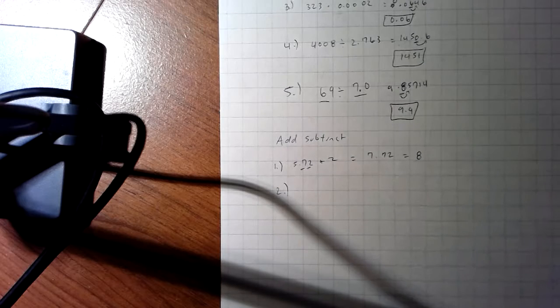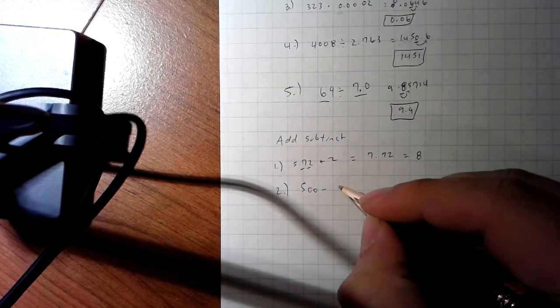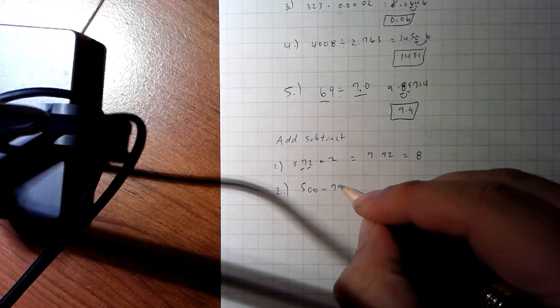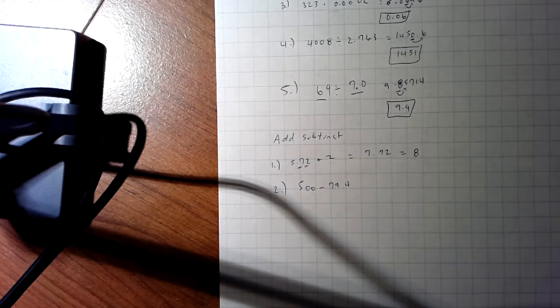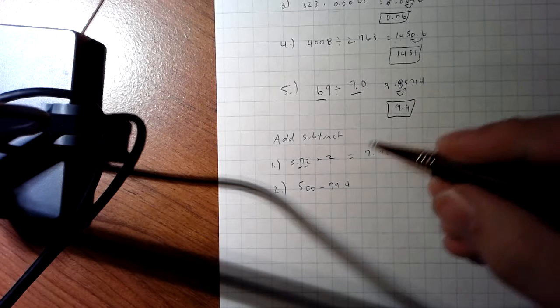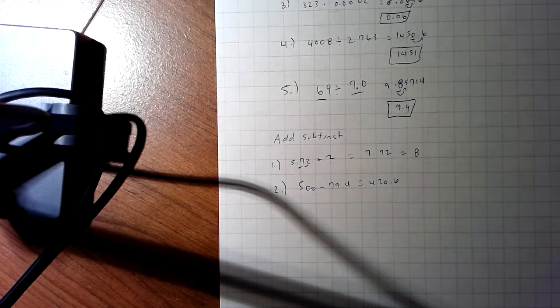So the next one has 500 minus 79.4. So normally when you do this, you get 500 minus 79.4. That gives us 420.6.